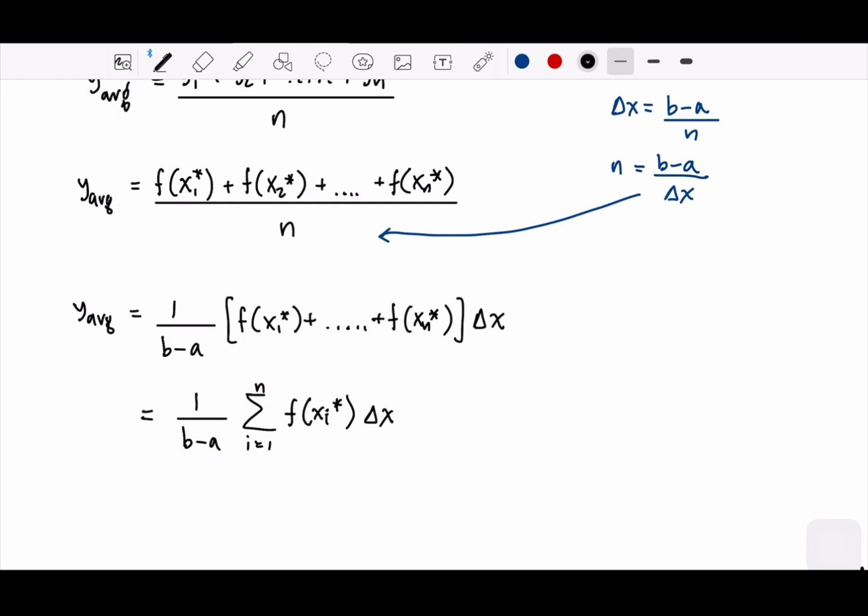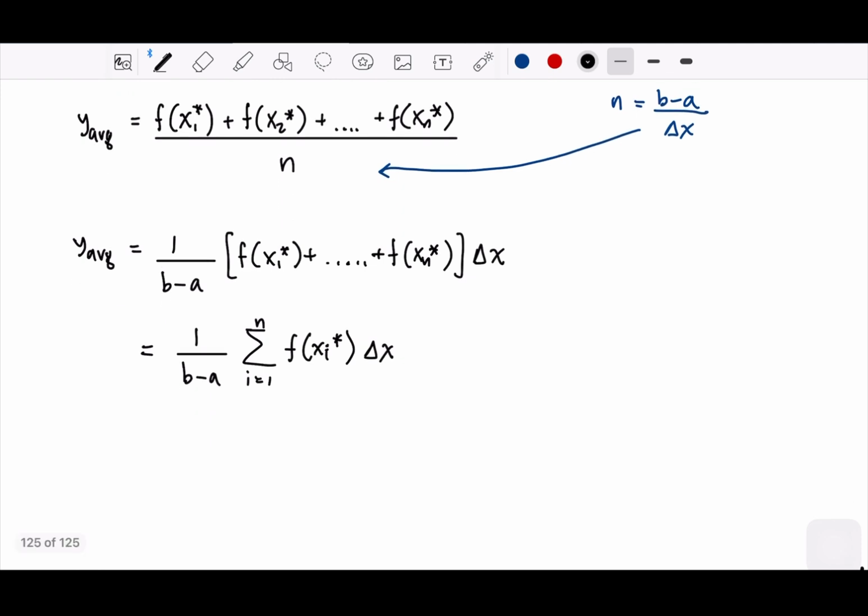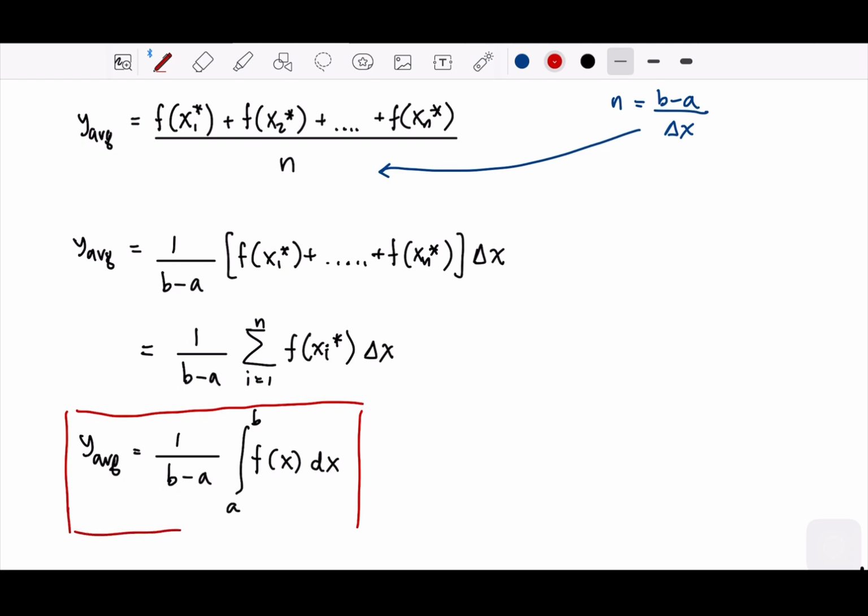Then through our definition of the integral, we could take this y average as 1 over b minus a, and then the sum becomes the integral, so integral from a to b of f of x dx. Okay, and that's it. That's the average value. So if the question is asking the average value, and you know the a and b, then you could just use this formula.